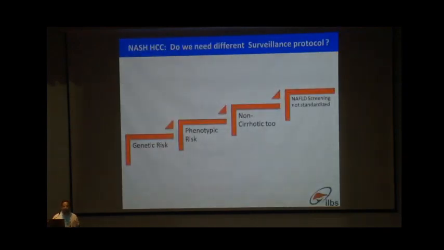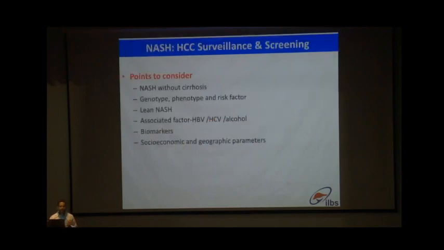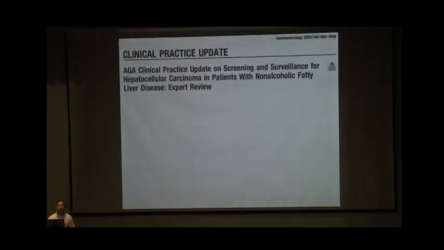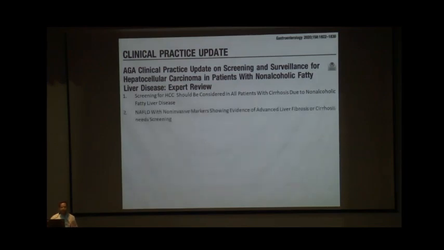So definitely we need a protocol which should consider genetic risk, phenotypic risk, and non-cirrhotic patients, and this screening is not standardized, hence we think of separate surveillance protocols. So in that we have to think of what we already discussed. This is only a statement from the AGA group that screening should be considered for all patients, even NAFLD.